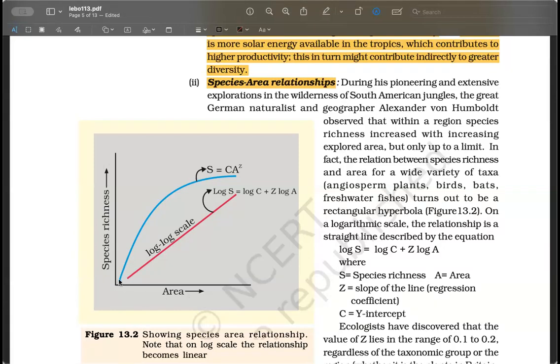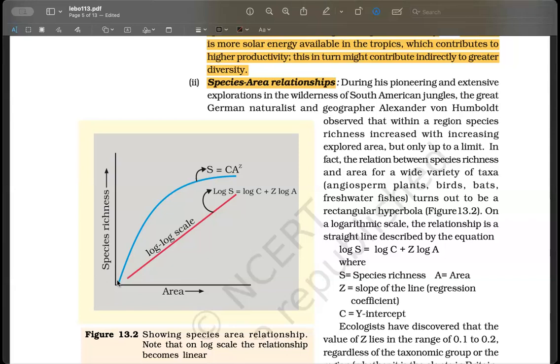So you're right. If I start from this point, can you all see my cursor? Yes. So if I start at this point, it says that this particular area, which is very less, the species richness is very less. So if I have sampled a very less area of a huge jungle, of course I will get very less species richness.